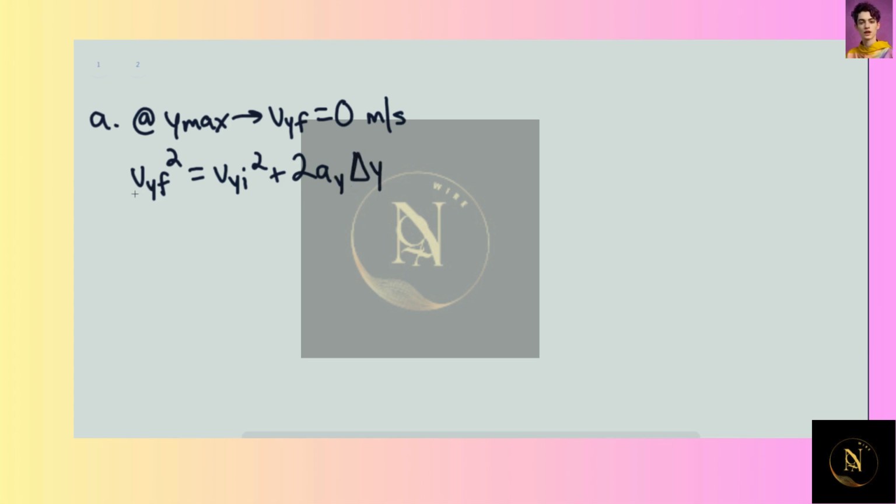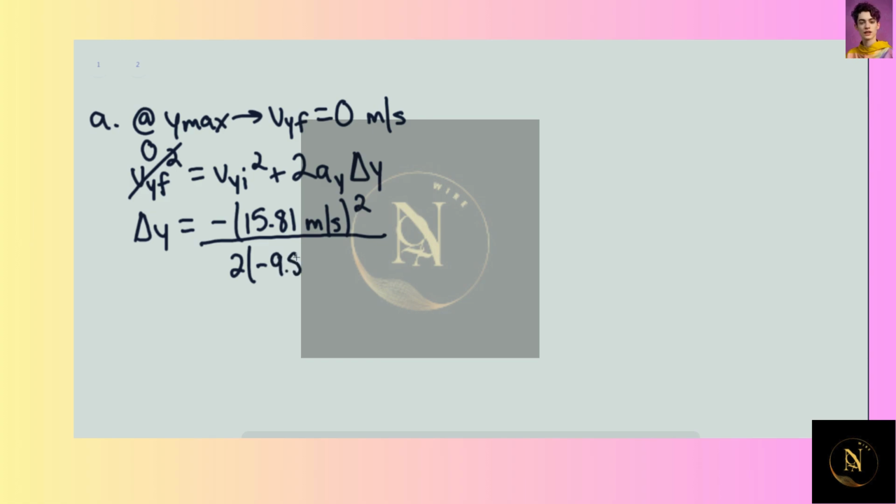We're going to cancel this out, and we have that delta y is equal to negative 15.81 meters per second quantity squared divided by 2 times negative 9.8 meters per second squared. And this is equaling 12.77 meters.